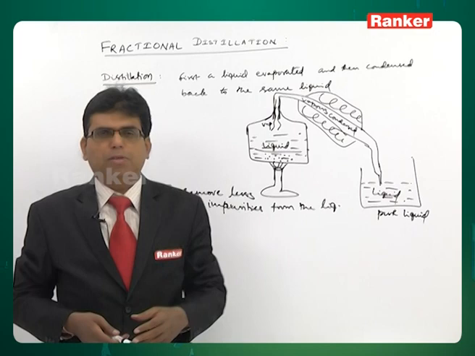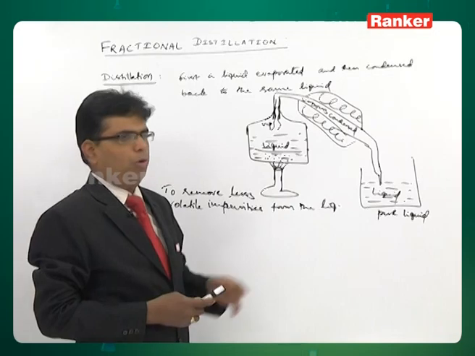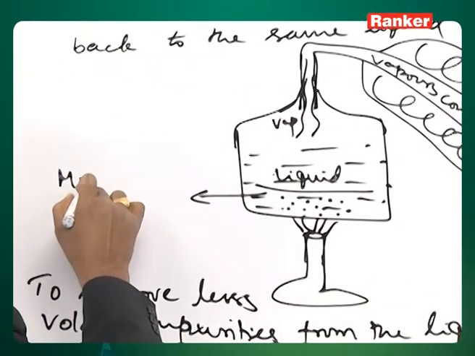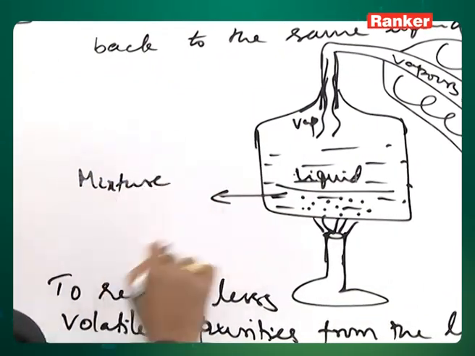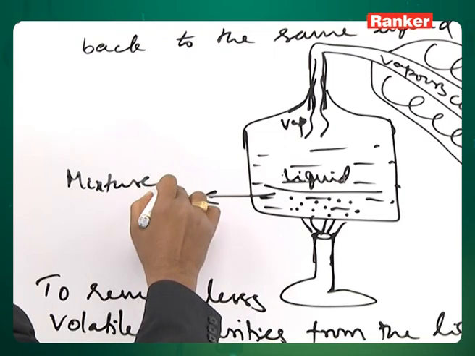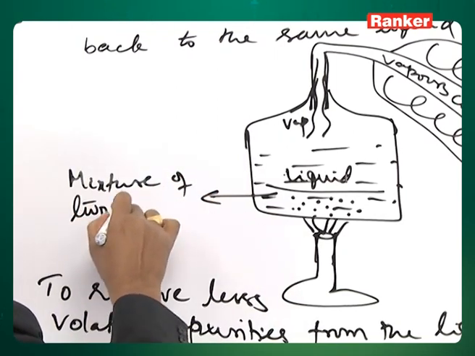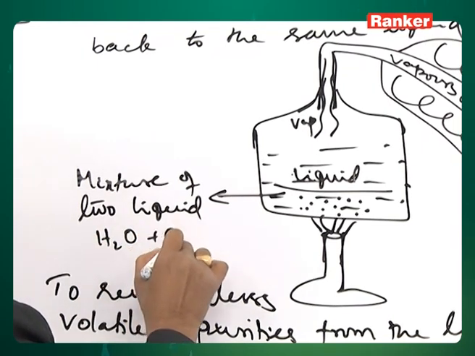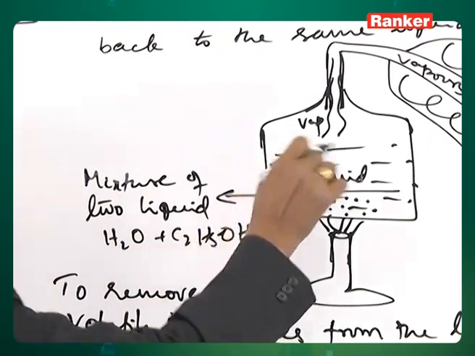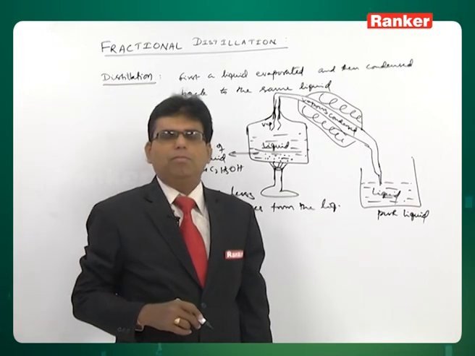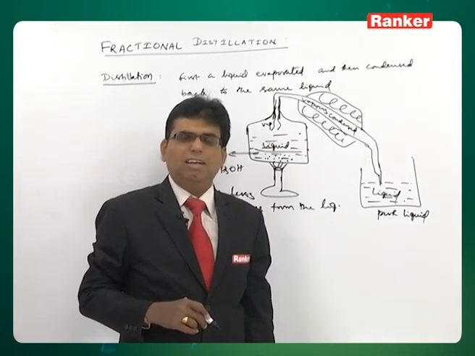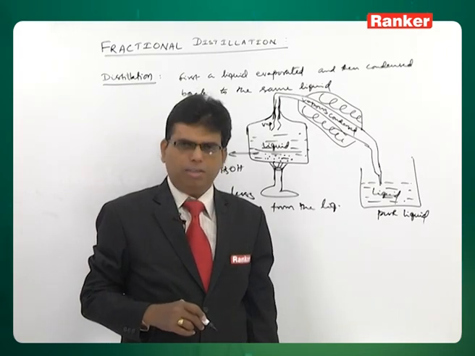For example, suppose you have a mixture of two liquids, instead of one single liquid, for example water and ethyl alcohol. As you know very well, the boiling point of ethyl alcohol is lower than the boiling point of water.